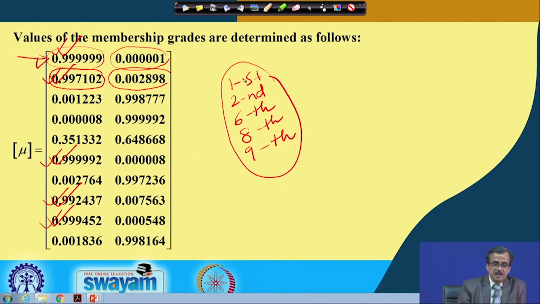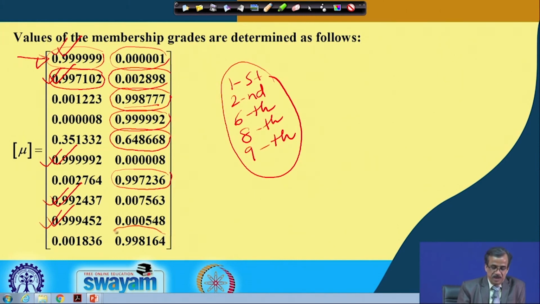And if you see here, corresponding to this, the membership value with respect to the second cluster is very near to 1. Here also it is very near to 1 with respect to the second cluster. Here it is in between, but you just give the opportunity to join the second cluster. This is very near to 1 with respect to the second cluster.